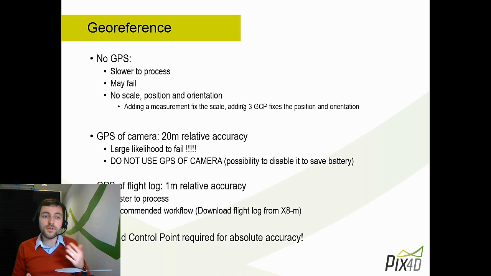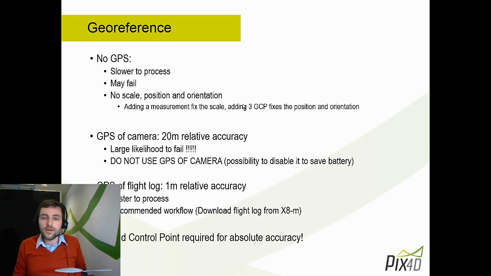From images only, without any GPS information, it is not possible to compute. We don't know if the project is 1 centimeter large or 20 kilometers large. The software will estimate some values, but they will be very, very wrong. So you do not rely on that if you don't have GPS.